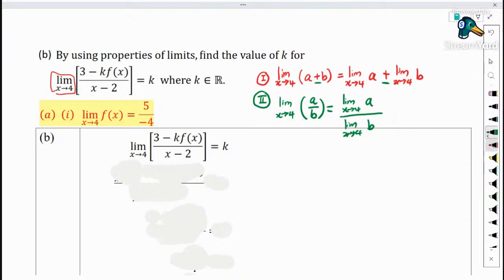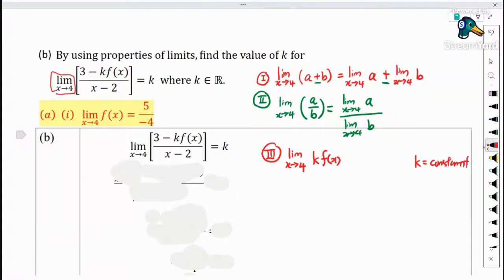Then one more last one before we try to solve the question is the case that I have limit x approaches 4 of a constant multiplied with a function. Here I need to mention that k is a constant. Just now the a and b can be constants or functions.